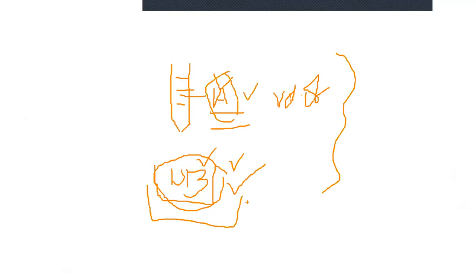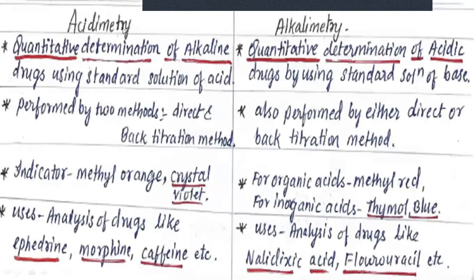But how can we estimate them? By using acids, which we take as the titrant solution in the burette. We can measure this acid by the volume of titrant, the burette reading, right? So that's why acidimetry will be useful for determination of alkaline drugs by using acid substances.